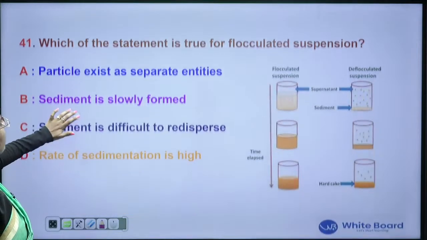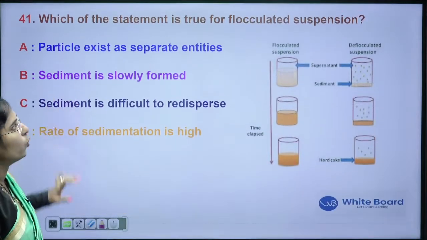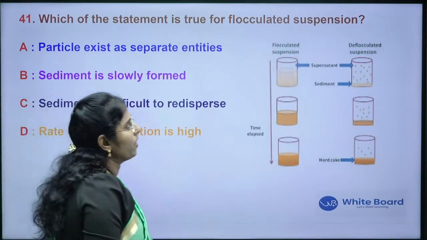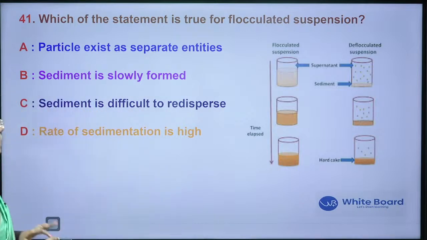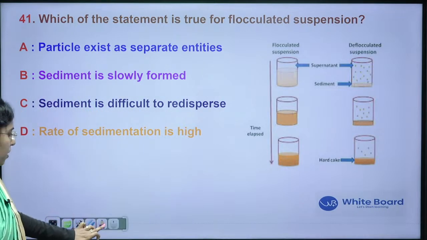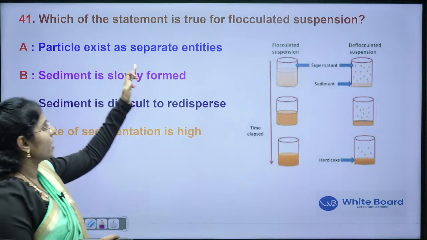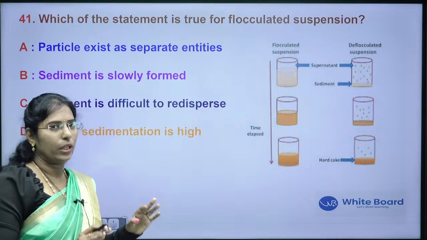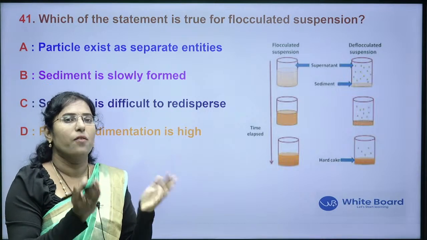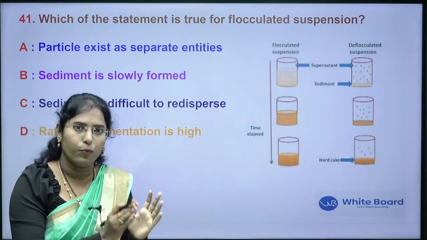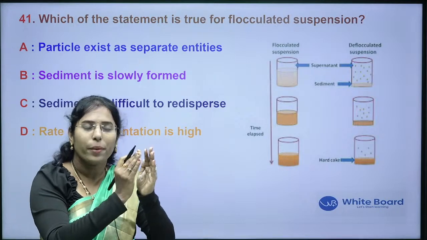And the next question is, which of the statements is true for flocculated suspension? Here they have given 4 options. The first one is particles exist as separate entities. If they are separate entities, we would not say flocculated. Flocculated is nothing but agglomeration of the particles.